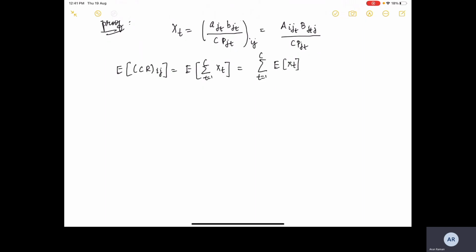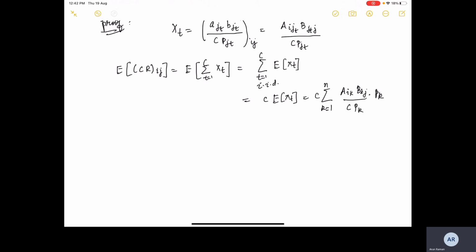Since all of these x_t's are IID, we get c times the expected value of x_t.